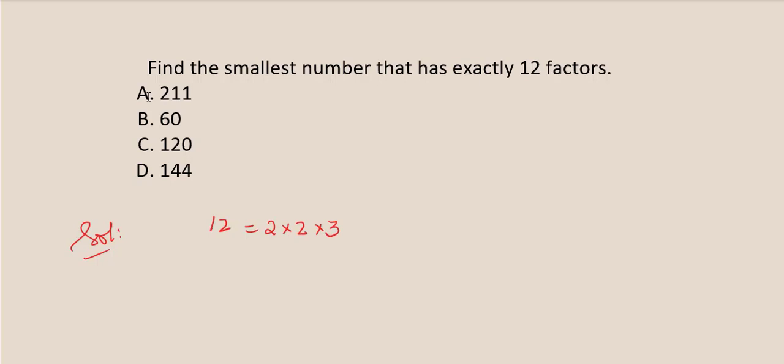One thing that you need to remember is why we consider n equals p to the power a, q to the power b, and r to the power c. Why not something like s to the power t? Because the maximum possible factorization of 12 is 2 multiplied by 2 multiplied by 3, only 3 values.